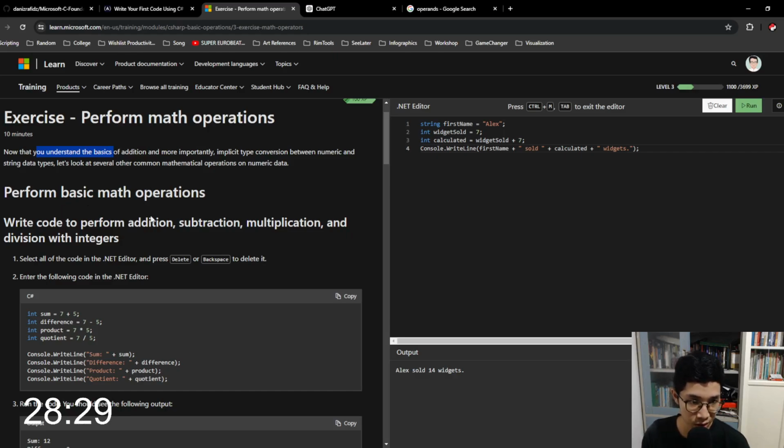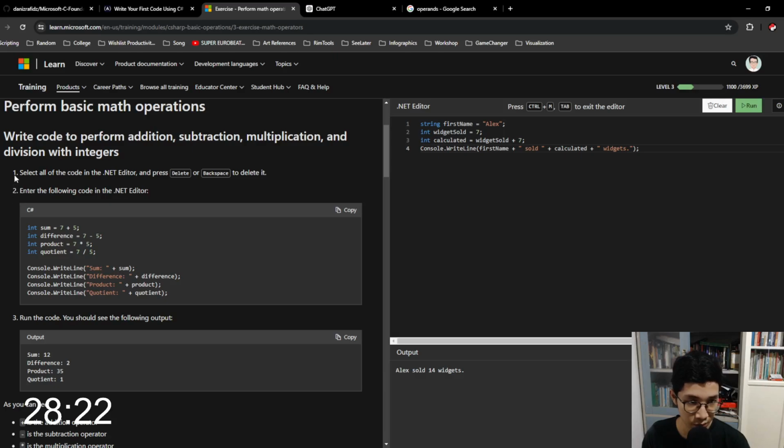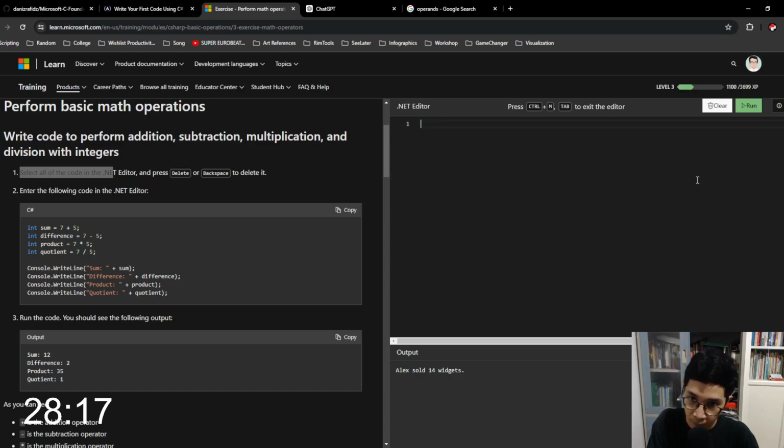Perform basic operations: write code to perform addition, subtraction, multiplication, and division with integers. The first one is select all the code. Okay, as usual, don't forget to backspace, delete it all, and enter the following code. Integer sum 7, 5. I prefer to write it down rather than just copy because it will help you to understand, as usual.